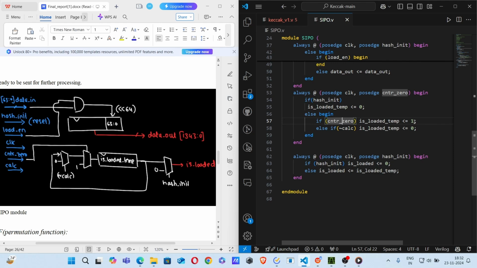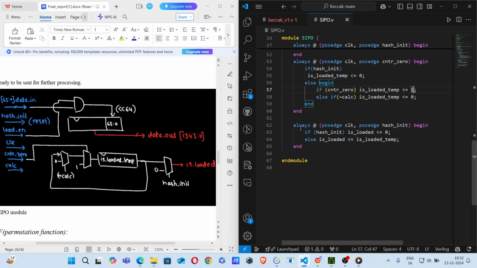This signals that the CPO has been loaded with all the data. Now, this calc signal is useful if the F permutation module is busy processing the data from a previous input. In that case, this isLoadedTemp will continue to remain 1 until the data which has been loaded into the CPO currently is also taken into the F permutation after it finishes the previous processing.